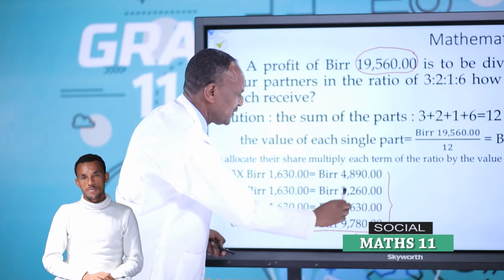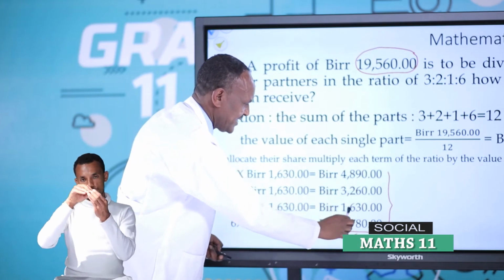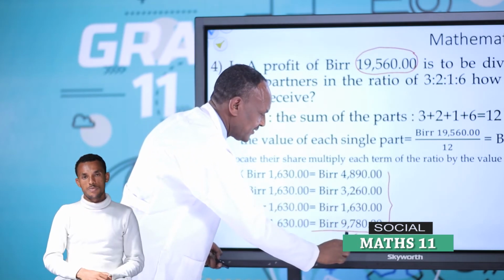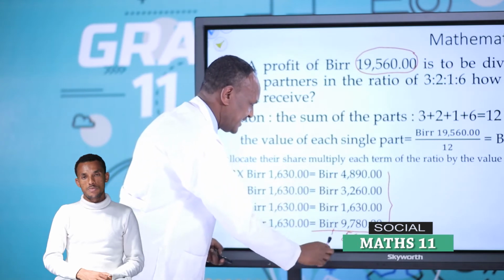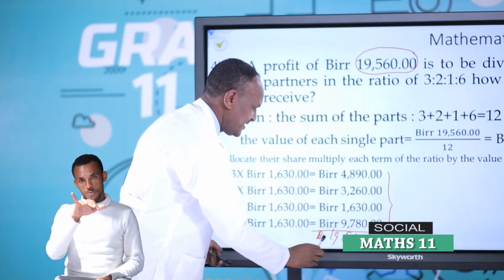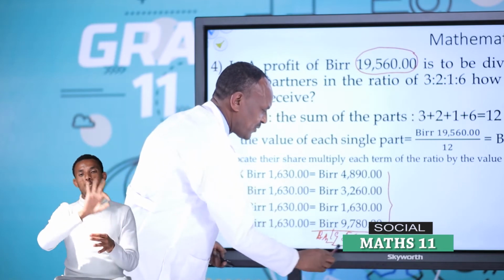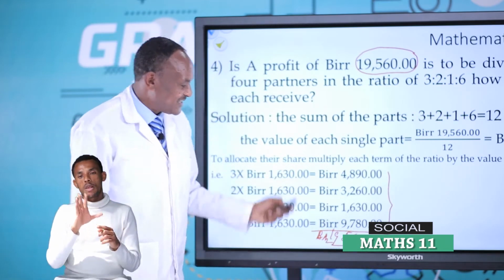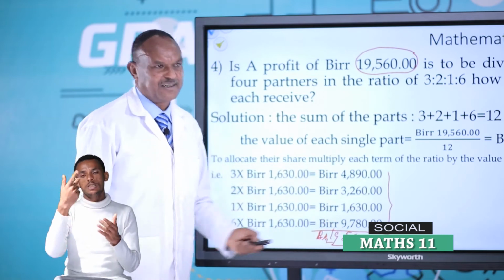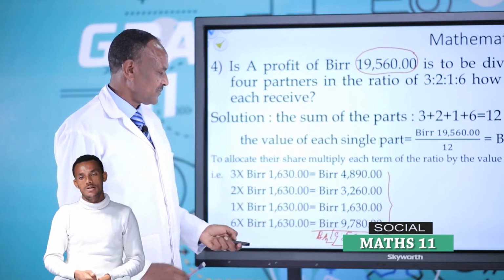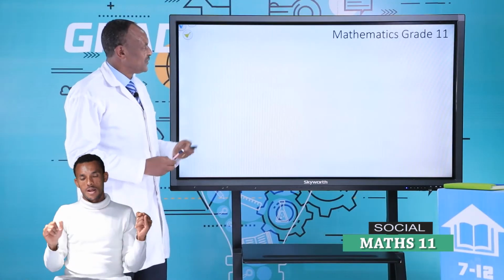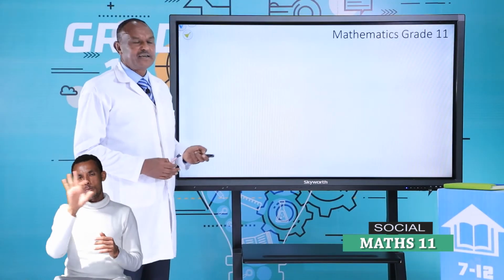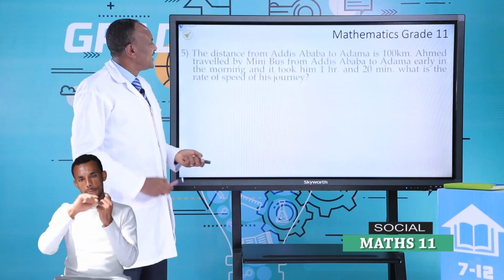We have 2. 2 plus 8, 10. 12, 18. 18 plus 7, you have 25. 2, 6, 10, 19 it comes. So we have divided the given profit properly, and each person has got this much amount of birr. So we can divide a certain amount of birr, their profit, according to a given ratio.